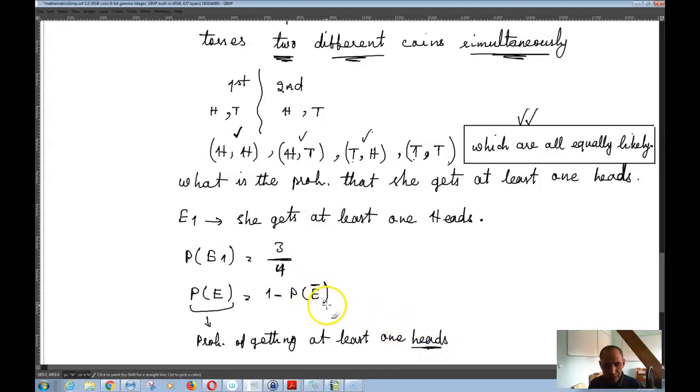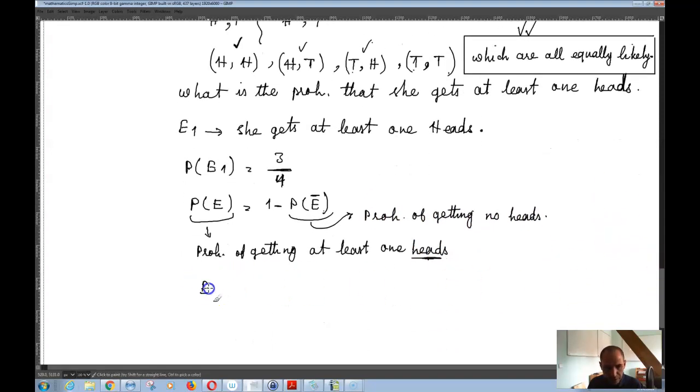then P of E bar, which is the probability of the complement of that event, is basically the probability of getting no heads, right?